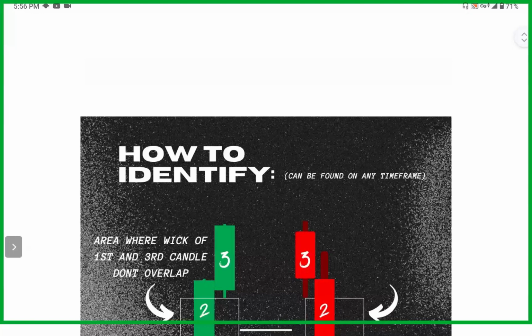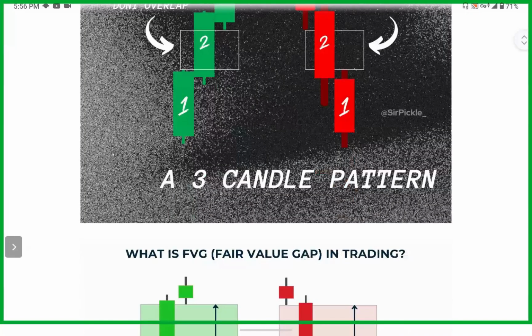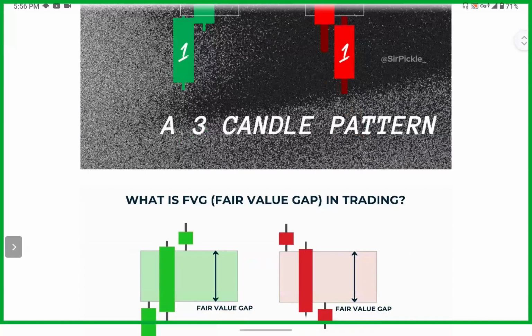So candles always have wicks. Whenever the wicks do not meet, like this one, you get this gap that you see here, and that is what we call a fair value gap. It is neatly demonstrated here: the first candle, second candle, and third candle.